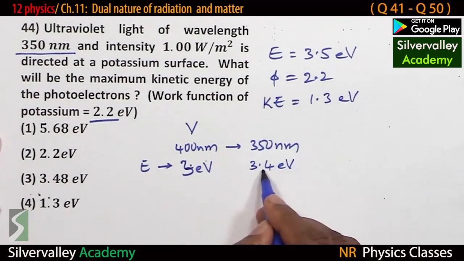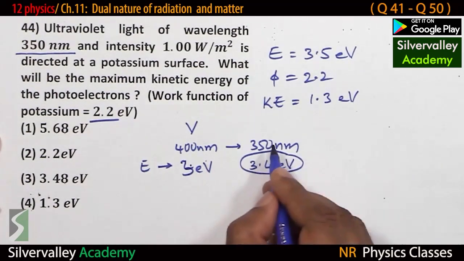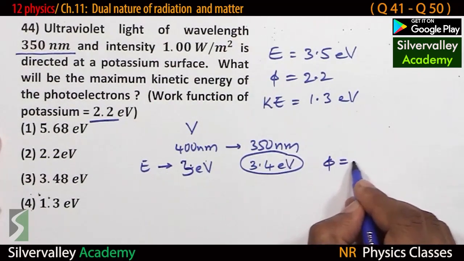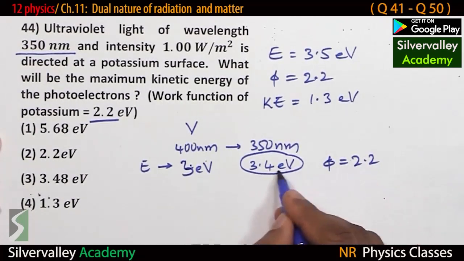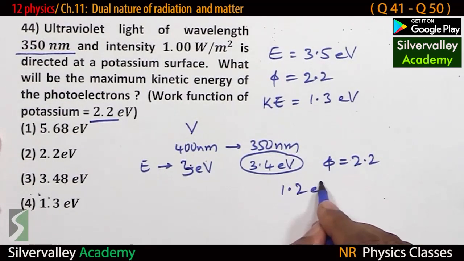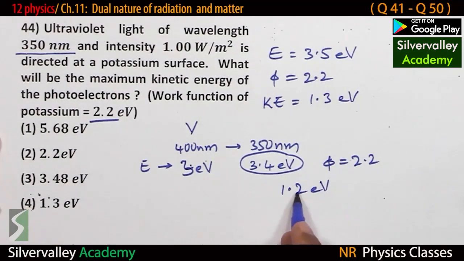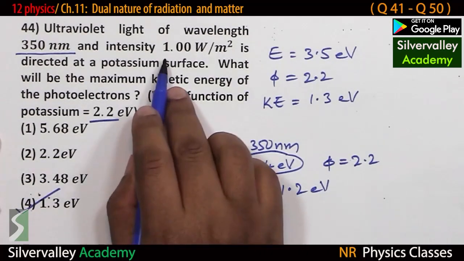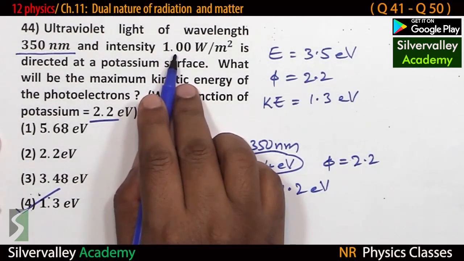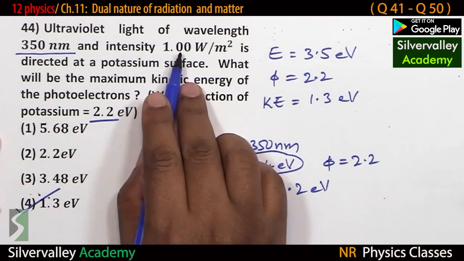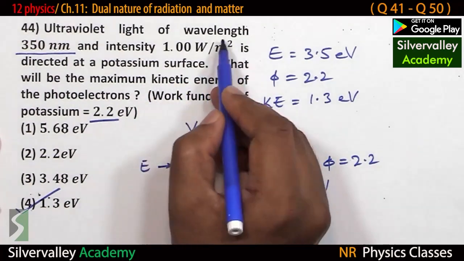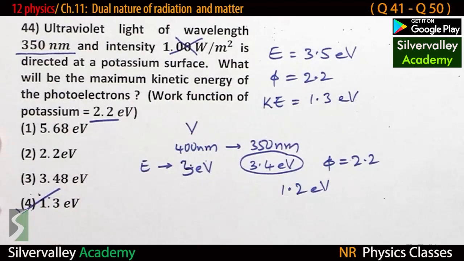If energy is 3.4, work function is 2.2, so the difference of these two is 1.2 eV. 1.2 means closer is 1.3, so 1.3. What is the use of intensity? Intensity doesn't affect the kinetic energy. Therefore, we don't have to consider this value.